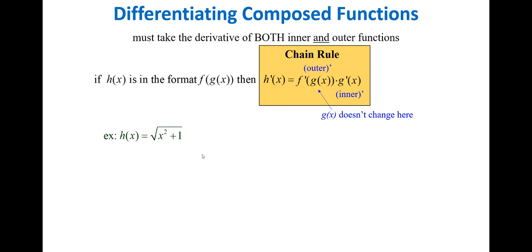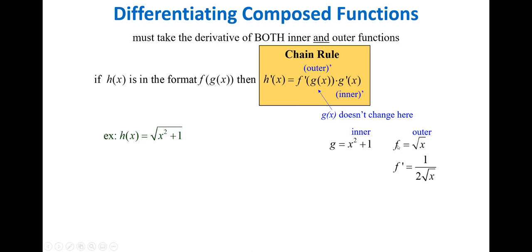For example, using that function from the previous slide, h of x is equal to radical x squared plus 1. Remember how we said that the inner function was x squared plus 1, and the outer function was square root of x.